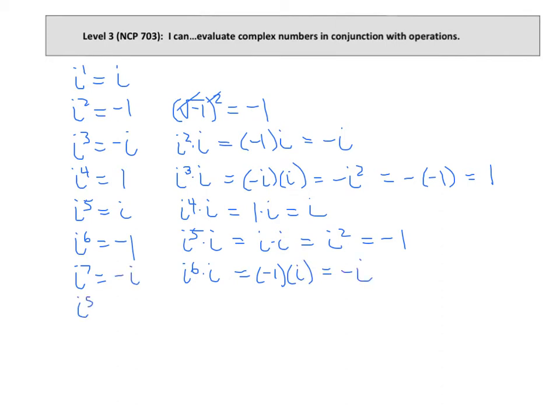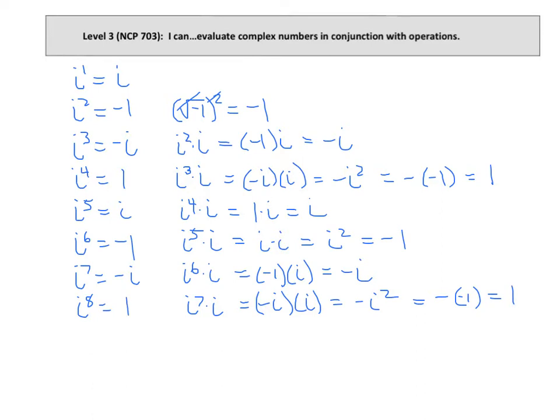i to the eighth would be i to the seventh times i. And i to the seventh was -i, times i gives us -i squared, which is negative times -1, +1.